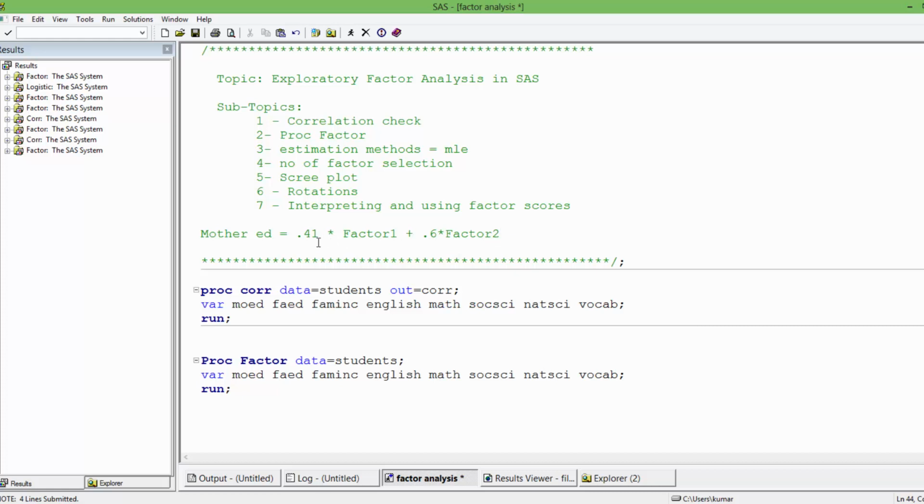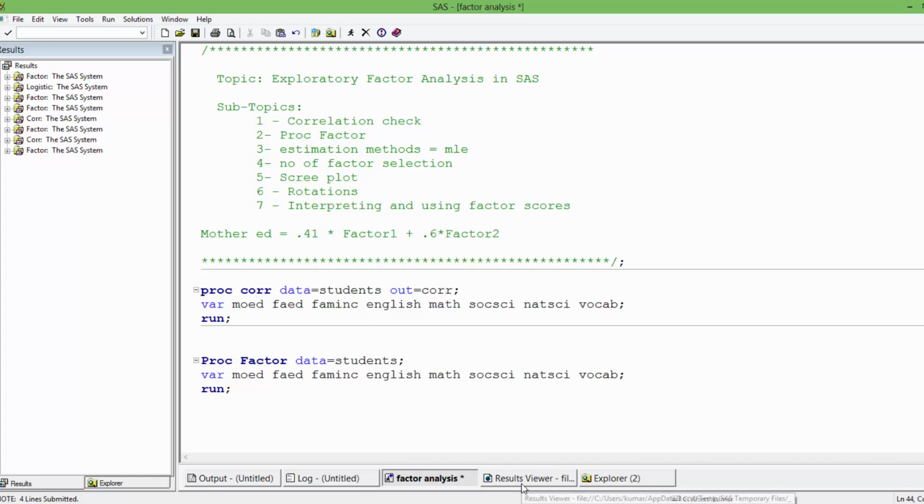So 0.6 is greater than 0.4. Hence, mother's education is explained more by factor 2 and less by factor 1. Got it? Hence, factor 2 is contributing more towards explaining variation in mother's education. So factor 2 is the latent factor associated with mother's education.